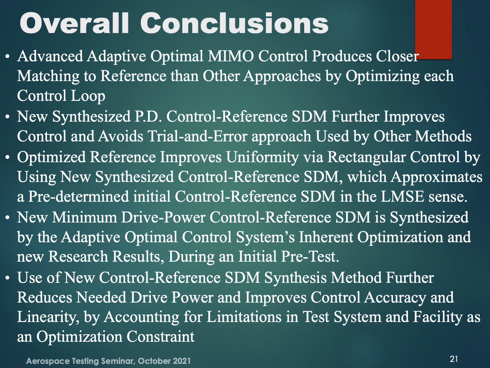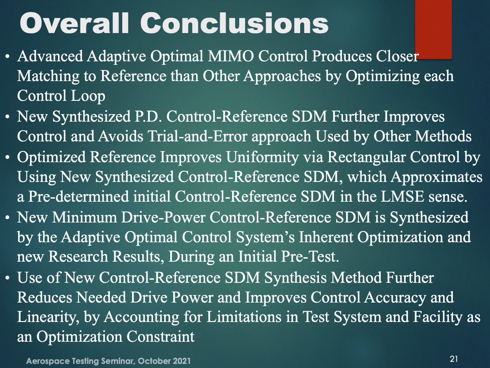Advanced adaptive optimal MIMO control produces a closer matching to references than other approaches by optimizing each control loop. The new synthesized positive definite control reference, SDM, further improves control and avoids trial and error approaches used by other methods. An optimized reference improves uniformity via rectangular control by using the new synthesized control reference, which approximates a predetermined initial control SDM in the LMSSC sense.